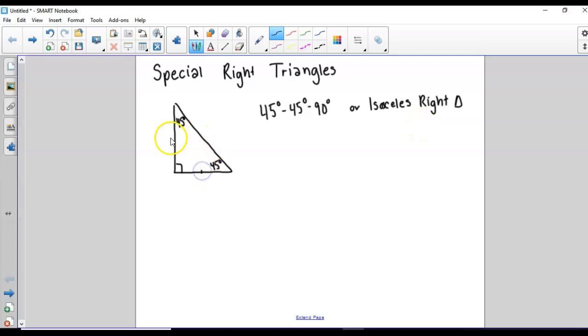If these two sides are equal to each other, then the angles across from them have to be equal to each other. So, 45, 45, 90.